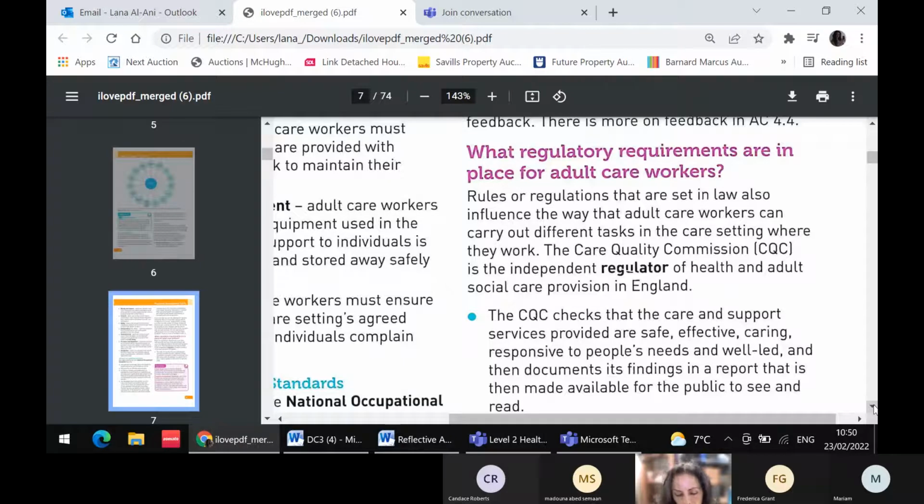So the regulatory requirement is set by the law. It all influences the way that adult care workers can carry out different tasks to take care of their clients in the care setting. And these are set by the Care Quality Commission.